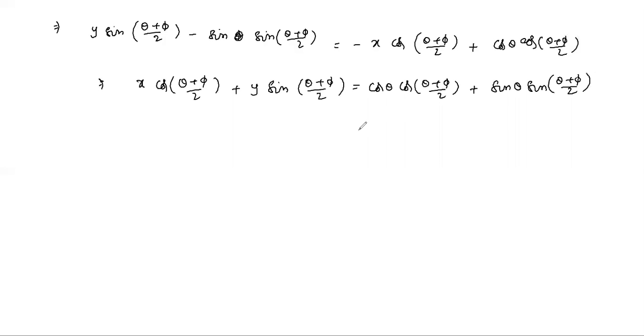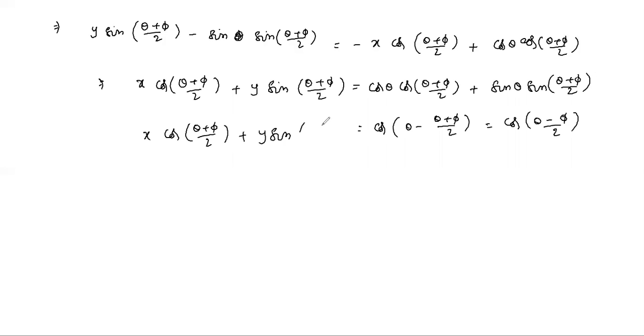So this is cos A cos B plus sin A sin B, cos A minus B. So theta minus theta plus phi by 2 is cos theta minus phi by 2. So this is the straight line equation.